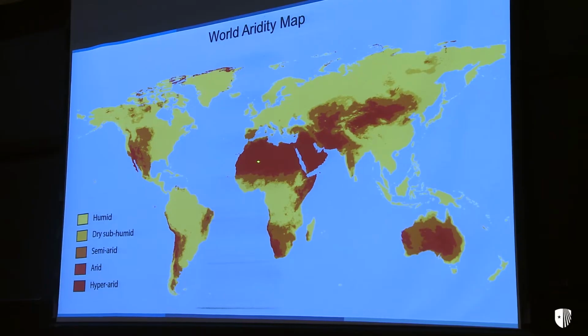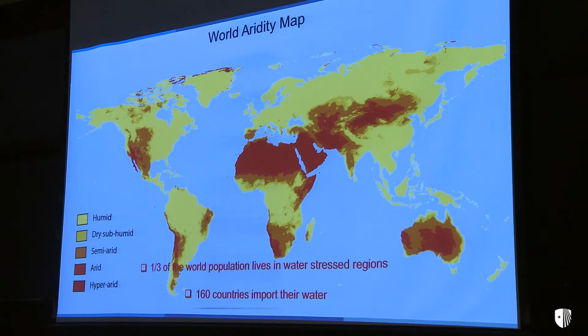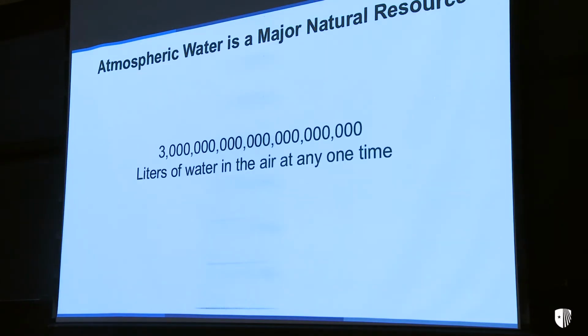So these are arid areas, which either don't receive enough rain, or they are using much more than they can replenish. One third of the world population lives in these water-stressed regions, and another thing to know is 160 countries import their water. So it's also a national security problem for different countries.